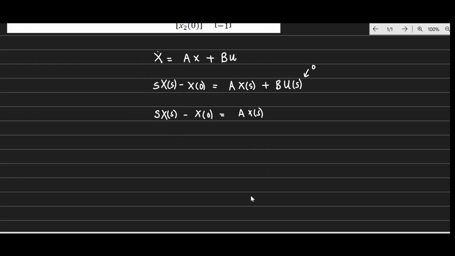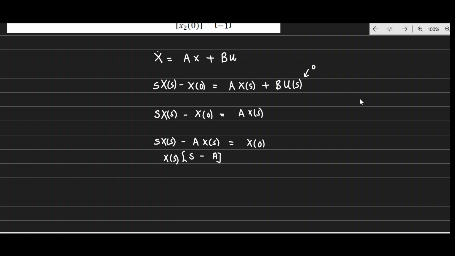Let's solve for x of s. So s x of s minus A x of s equal to x of 0. Factorize x of s, we have s minus A. Now, this operation is impossible in linear algebra. s is just a number, a complex number, and you're subtracting matrix A, which is an n by n matrix.